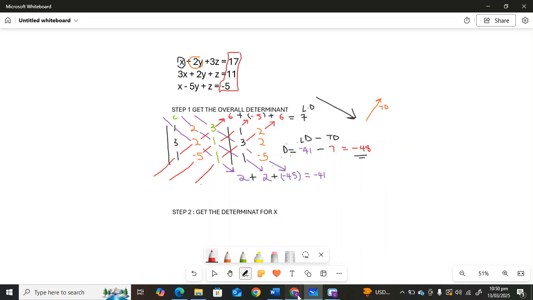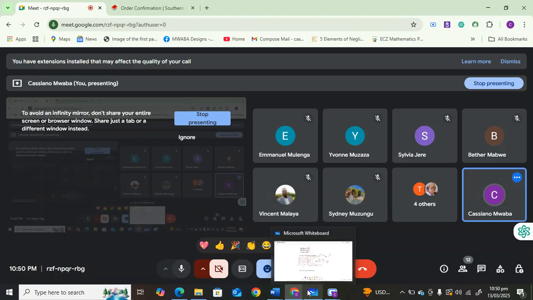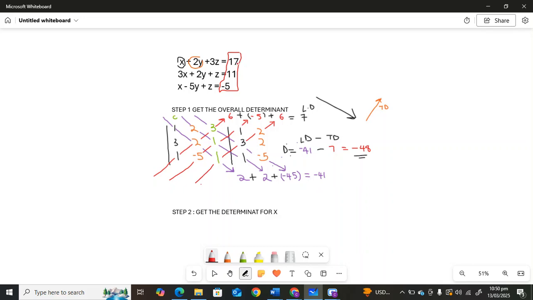I'll repeat again. When you're getting the determinant for x, those last numbers in those equations, these 17, 11, and negative 5, are going to form a column, and they're going to replace the original x column.